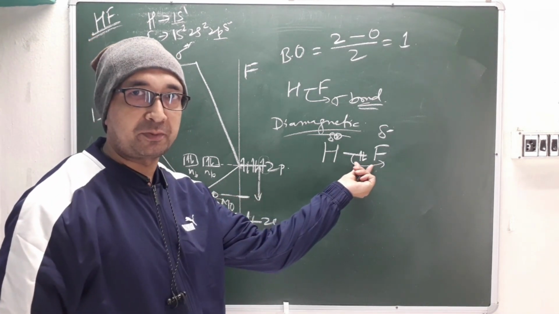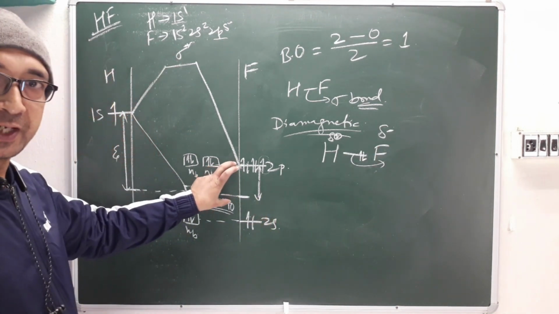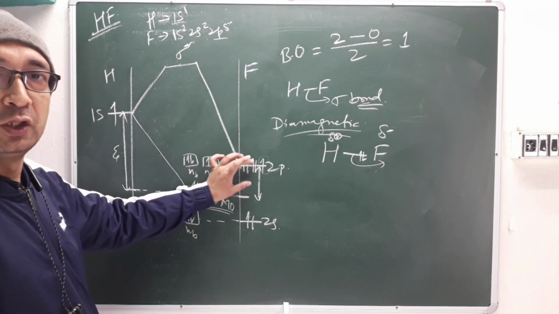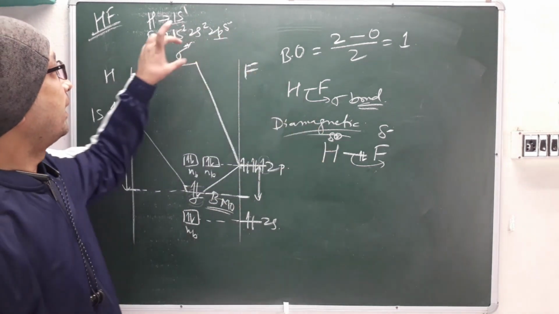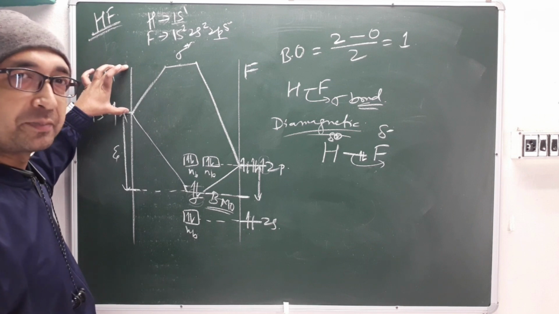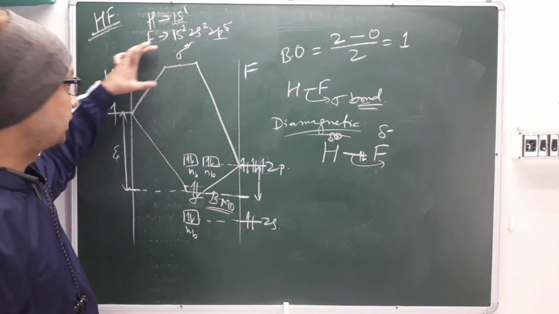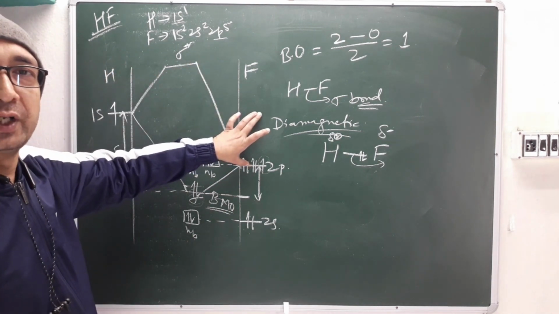Whatever the bonding pair of electrons is, it is nearby fluorine. The bonding molecular orbital's electrons are nearer to fluorine's orbital, correct? And see the anti-bonding molecular orbital, extend it from here to here. The energy gap is less, so the anti-bonding molecular orbital is nearer to hydrogen, but far away from fluorine's atomic orbitals.